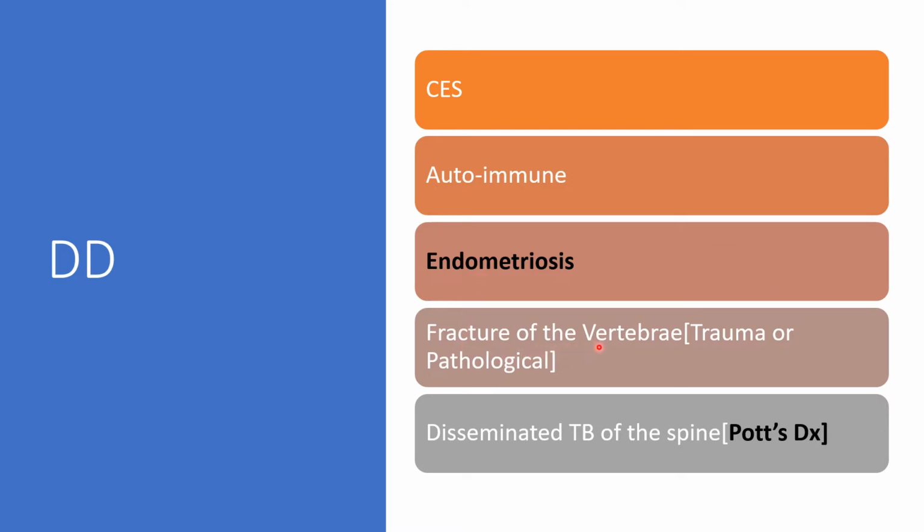Fracture of the vertebra, either from trauma or it's just pathological fracture. Maybe as a result of disseminated tuberculosis, now affecting the spine. So TB of the spine, otherwise known as Pott's disease, that could present with back pain.